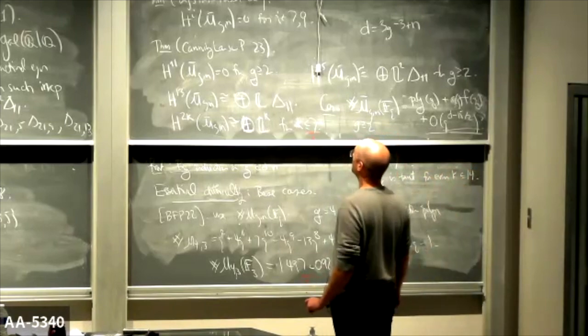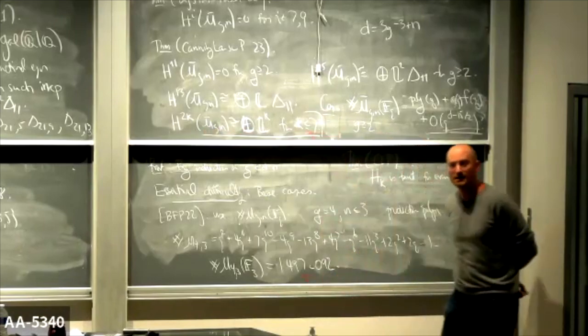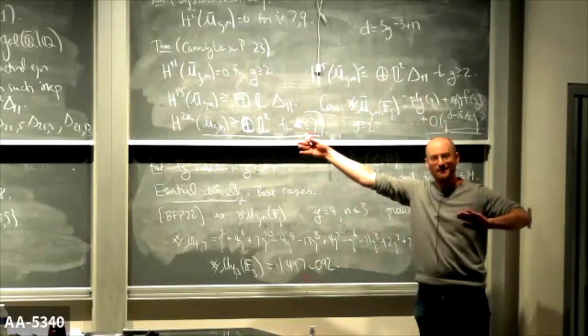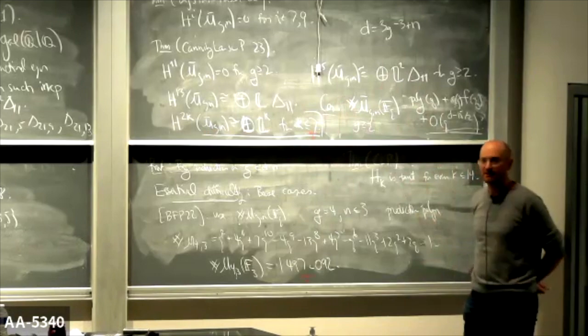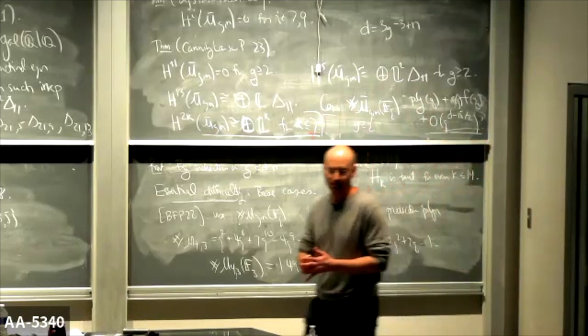And that was how we got the 7 here, 2k equal to 14. So we were actually showing, at the other end of Poincare duality, that it's generated by tautological cycles, and therefore we know that it's pure Hodge-Tate.